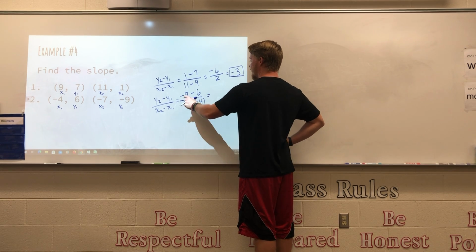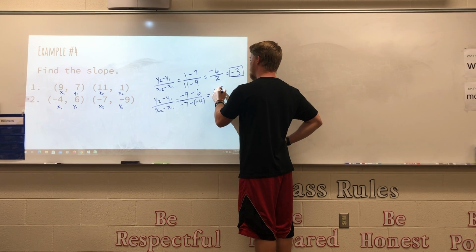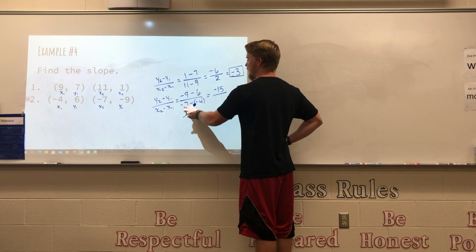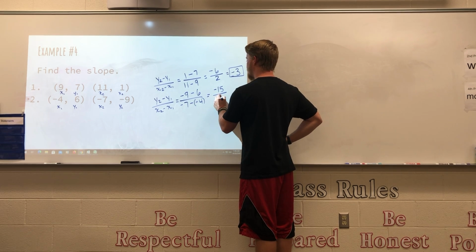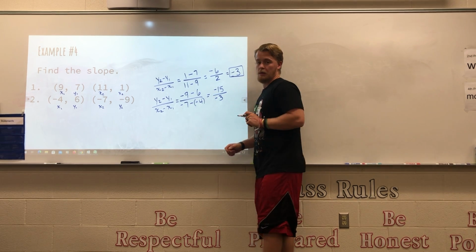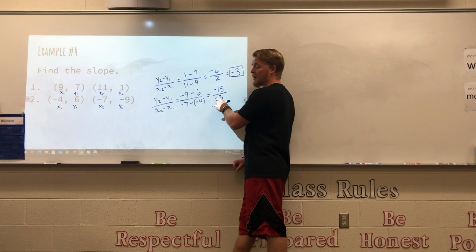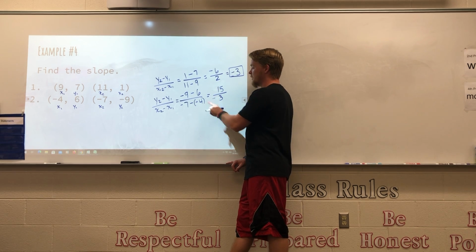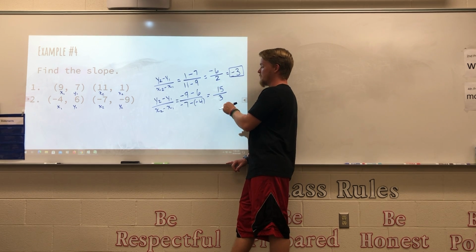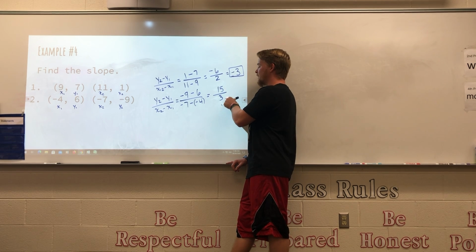Equals, and we simplify. Negative 9 minus 6 is negative 15. Negative 7 minus negative 4 is negative 3. So a couple things. First, a negative divided by a negative is a positive. So really, those can go away, because negative divided by negative becomes positive. And then we have 15 divided by 3.